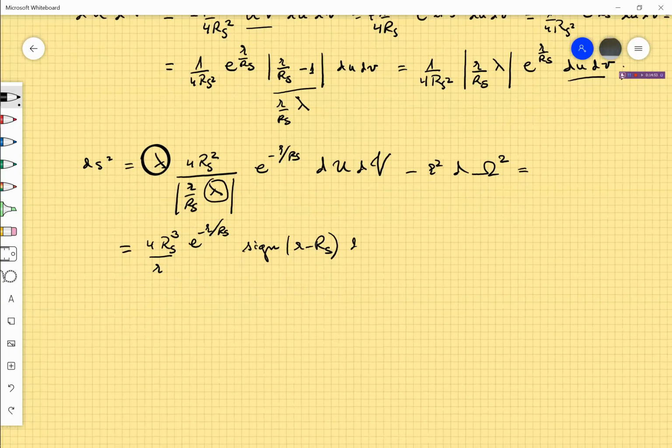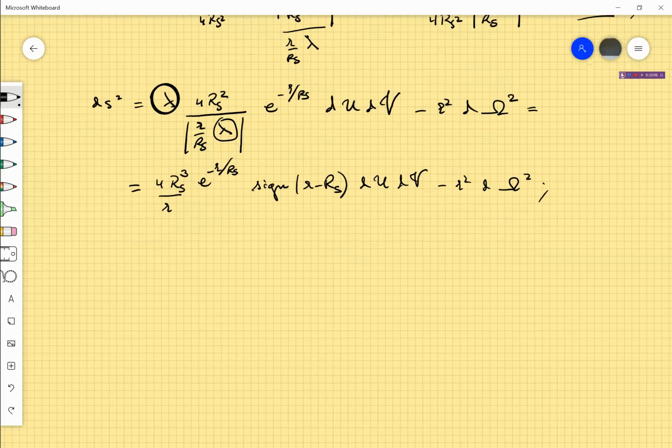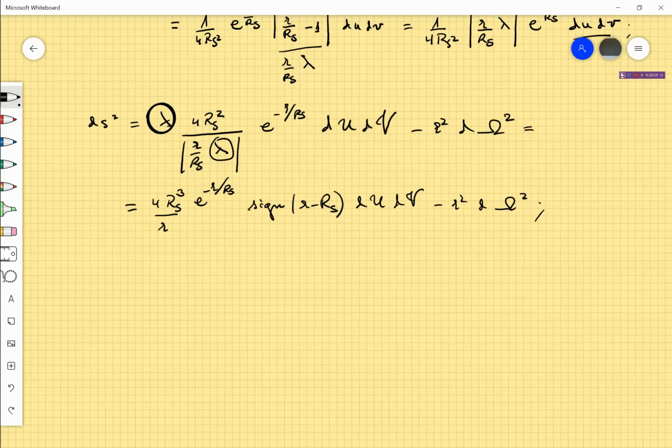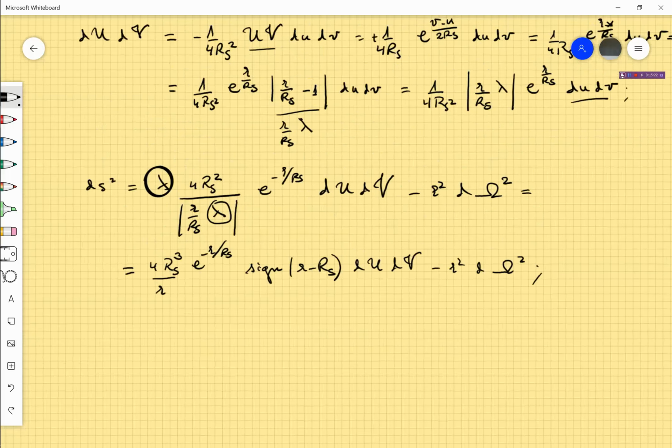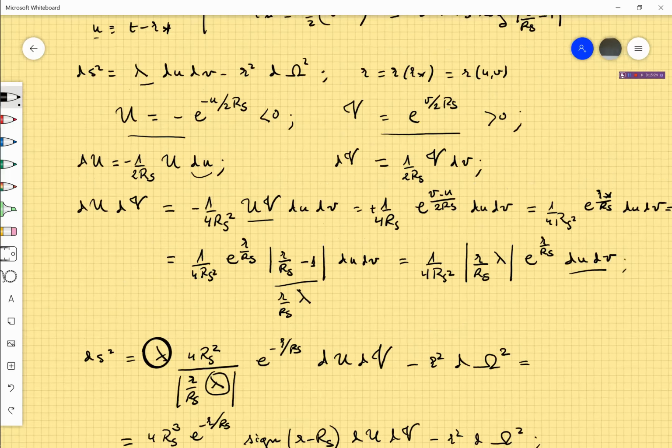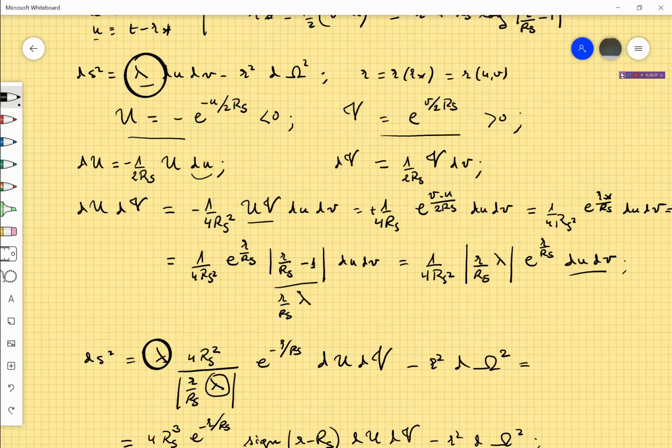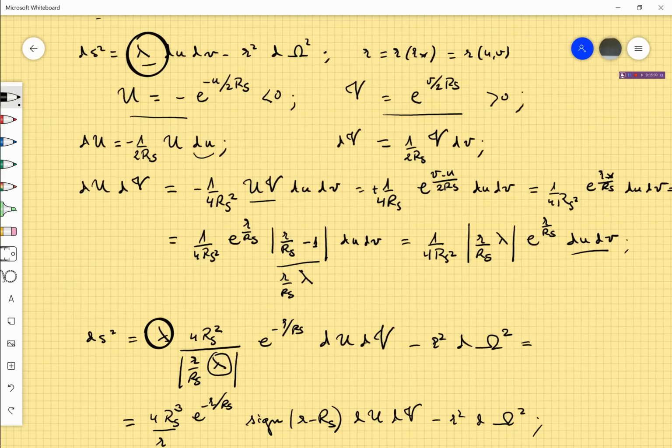And we have this times dU dV minus r squared d omega squared. Okay, the final form is now not in terms of this u and v. You already see that this metric has an expression which is regular, absolutely regular at r equal rs. So, well, we have eliminated this lambda that was the origin of the problem of this metric.